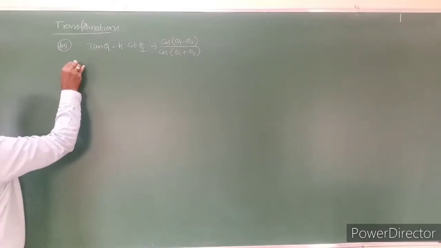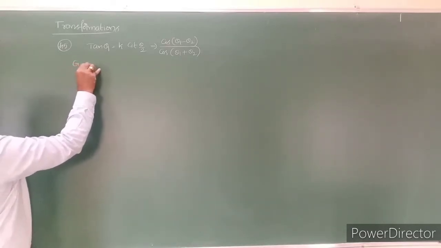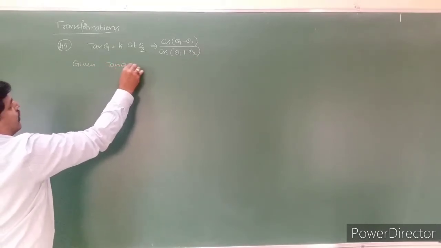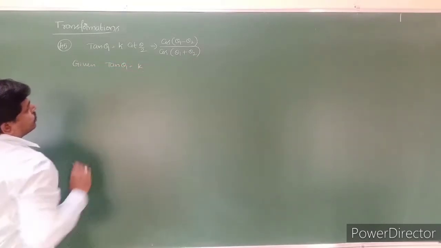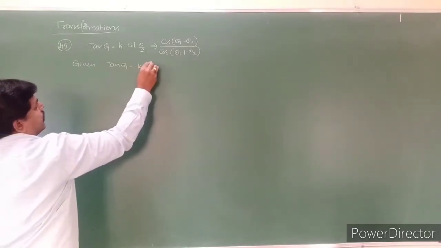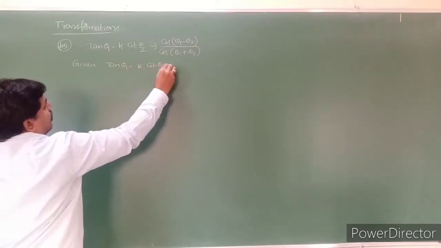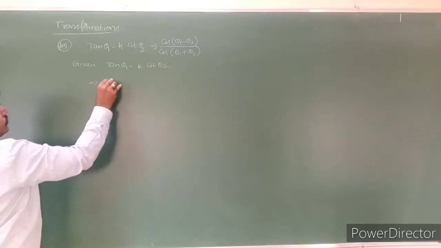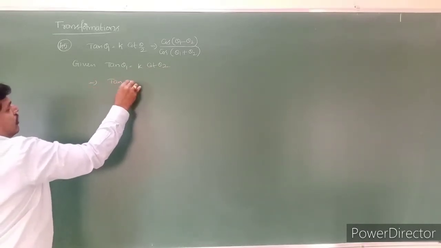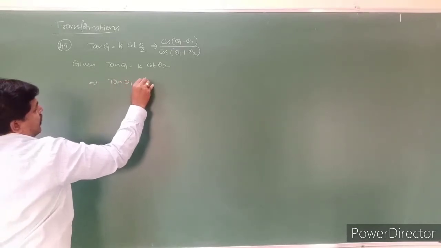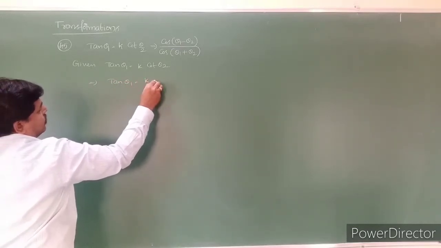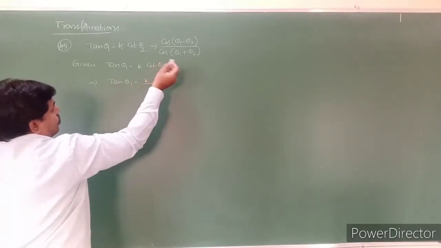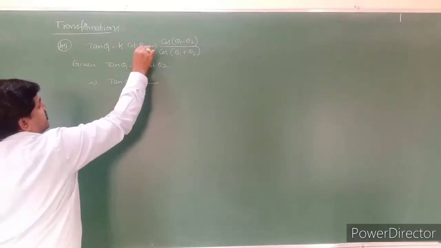So first take this one. The given condition is tan theta 1 is equal to k into cot theta 2. So this can be written as tan theta 1 is equal to k into cot theta 2, not theta by 2, it is actually theta 2.